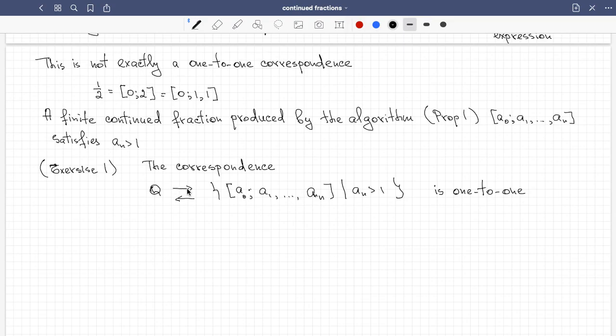So this arrow means doing the algorithm, which is finite, and producing a continued fraction out of a rational number. This arrow means calculating a rational number out of a continued fraction, evaluating the continued fraction.